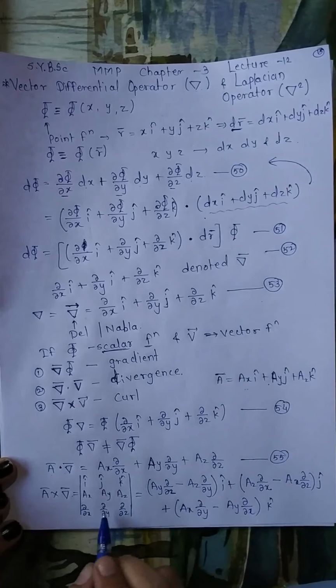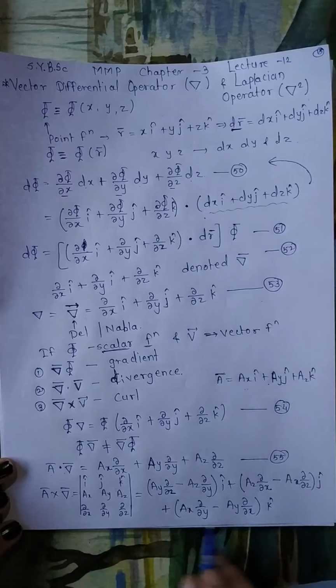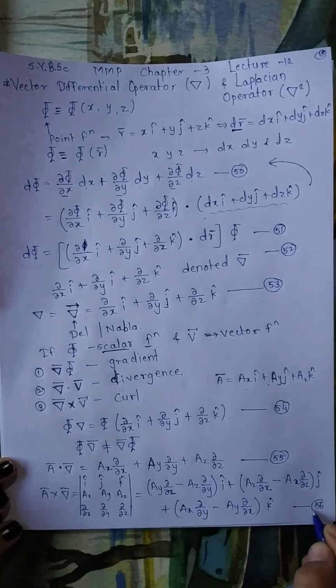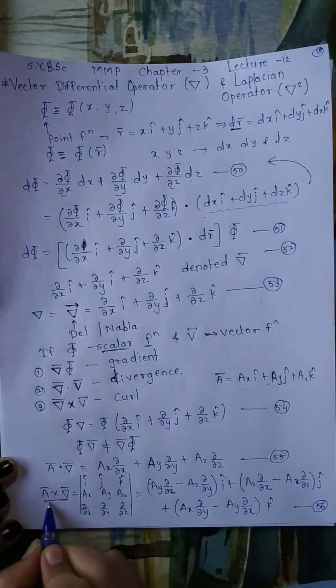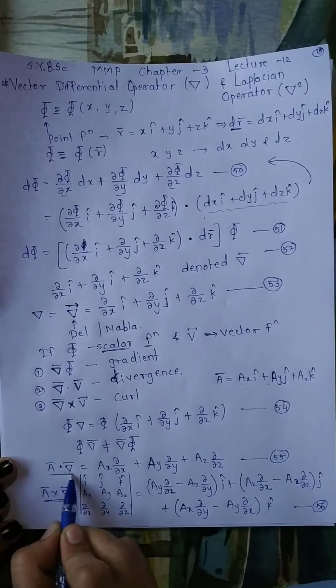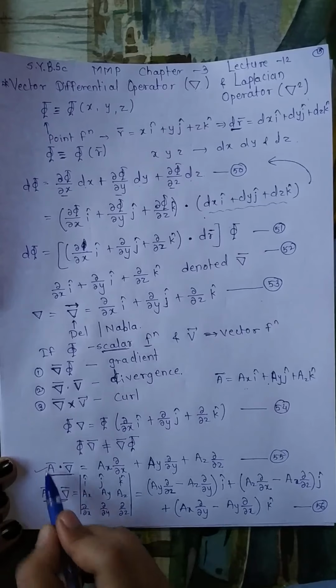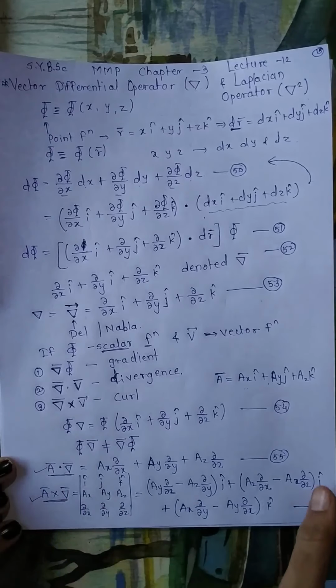So you can verify that this determinant gives rise to this operator, which is a vector operator, the curl operator, and the dot product gives a scalar. So this is a scalar operator, this is a vector operator.